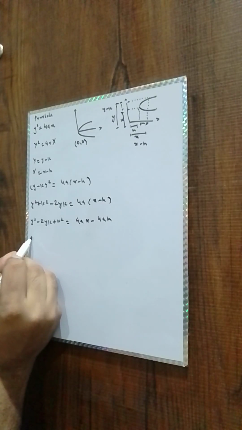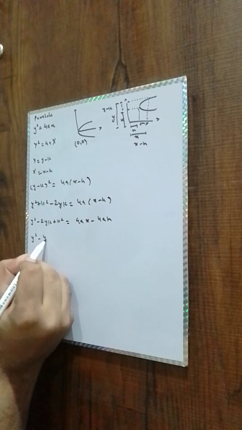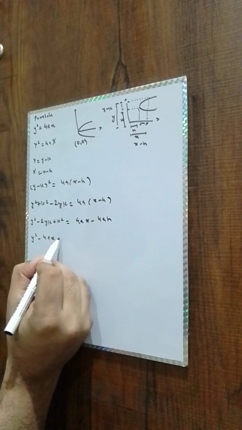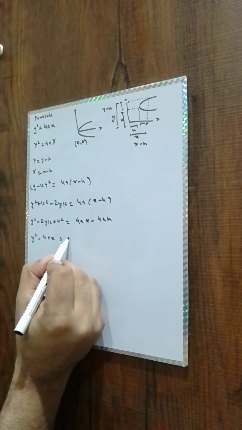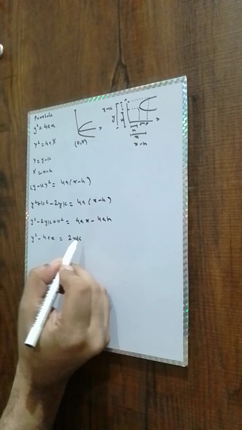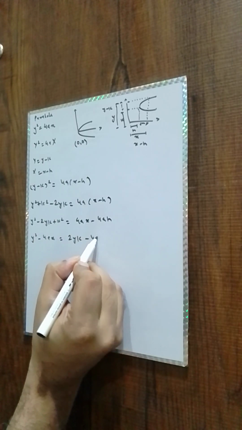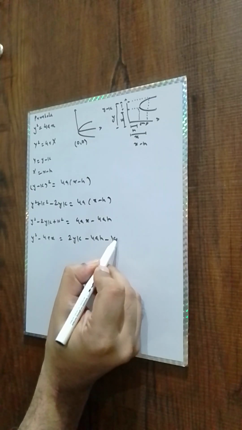Let's say if we are to take y square minus 4ax, the major variables, on the left side, then the situation would be 2yk goes to the other side, minus 4ah already there, minus k square.